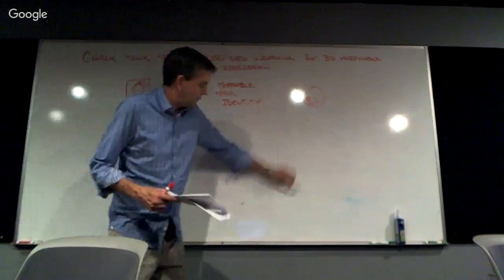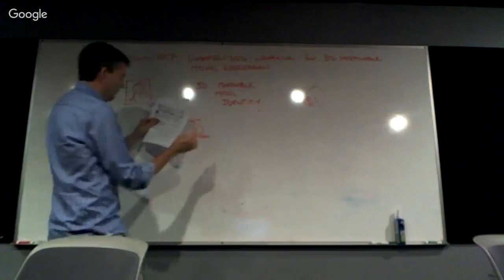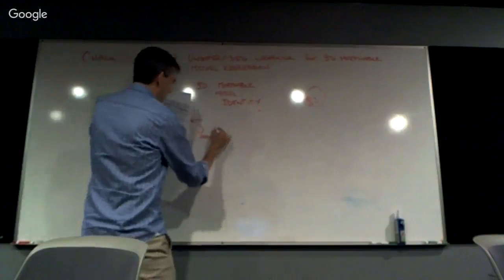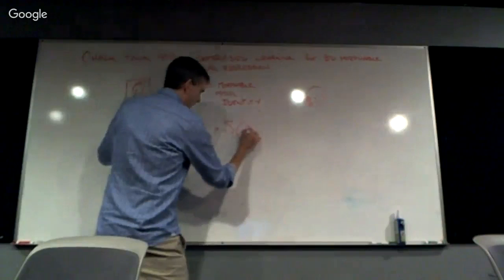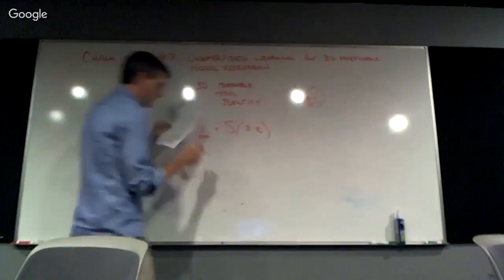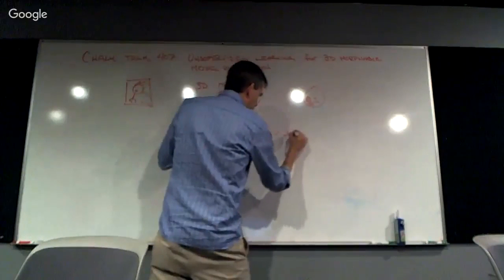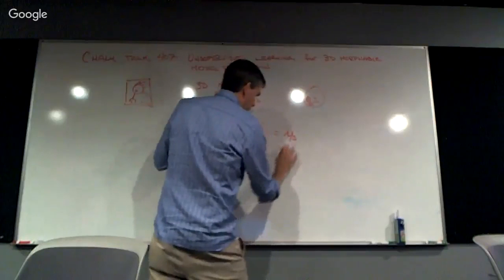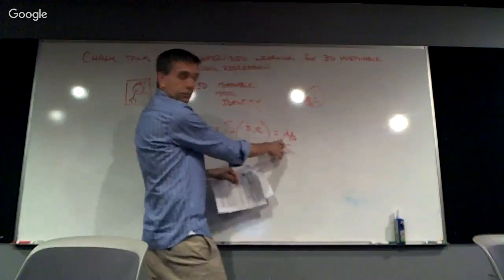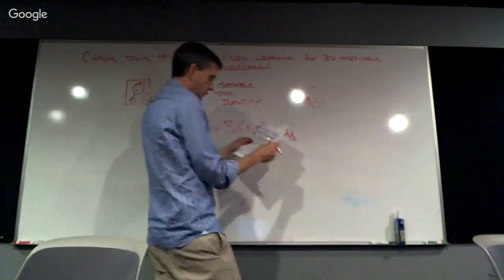Now, I was talking about shapes, but there's also texture. Approximately is equal to S of S, comma E, and we'll talk about what those guys are, equals, and this is their average shape. Everybody starts with an average shape.